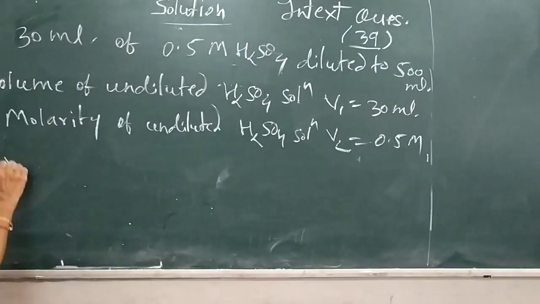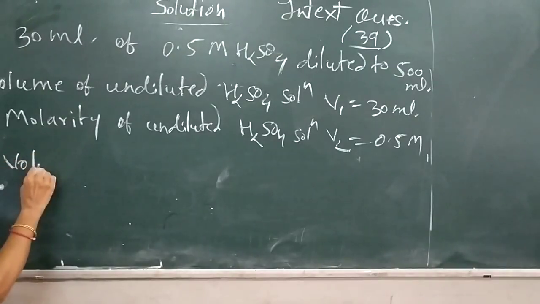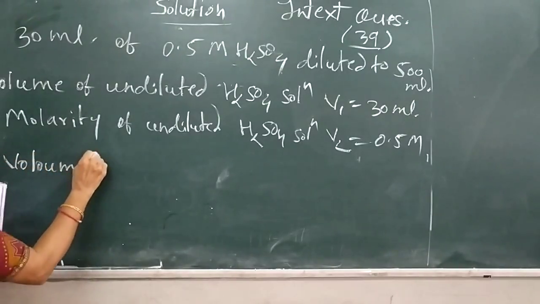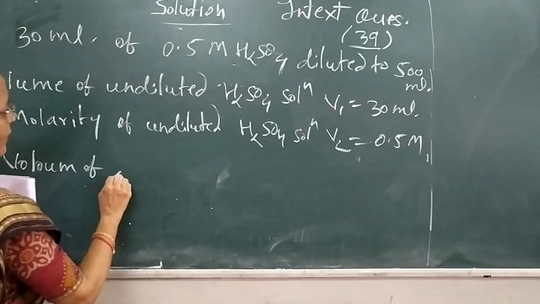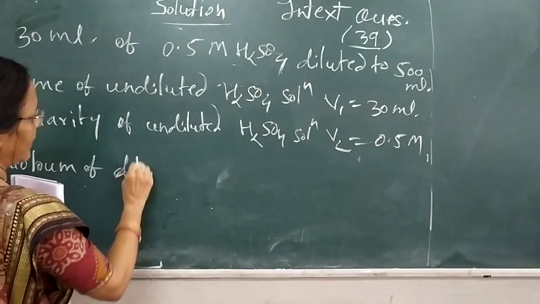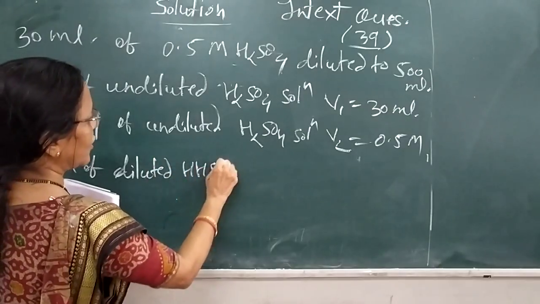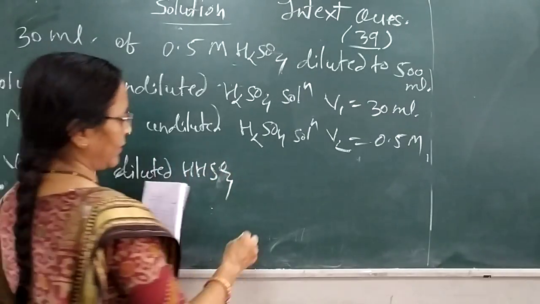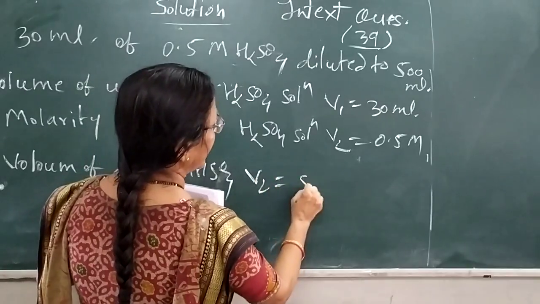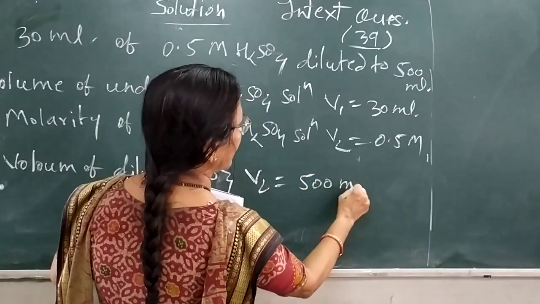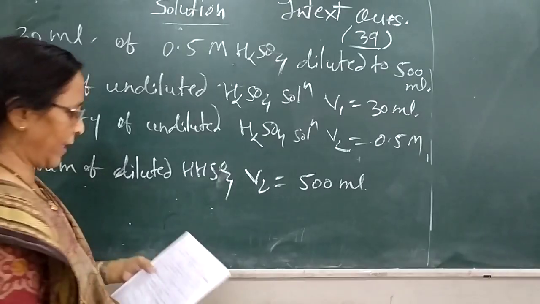Now the volume of diluted H2SO4, that is V2, is given already in the question, 500 ml.